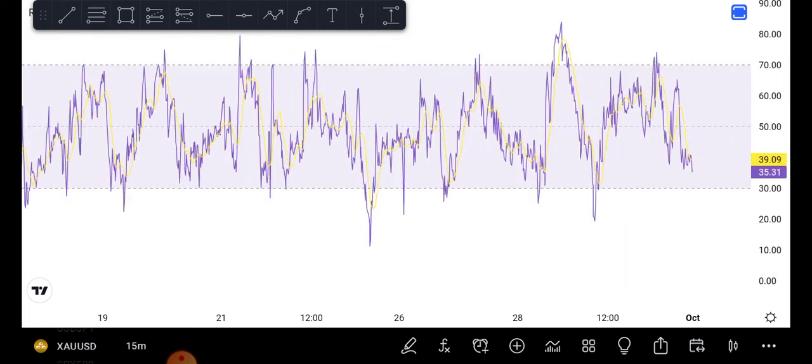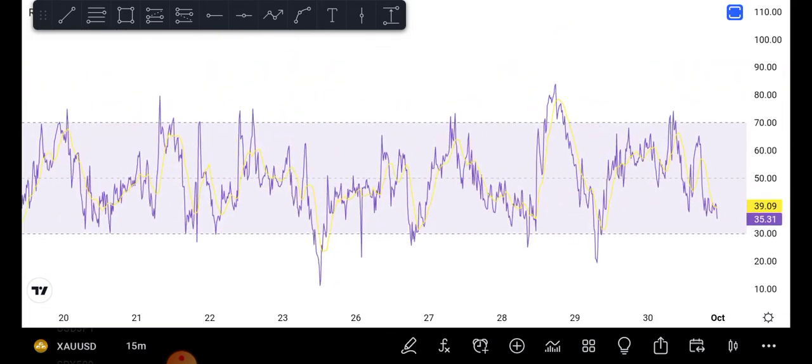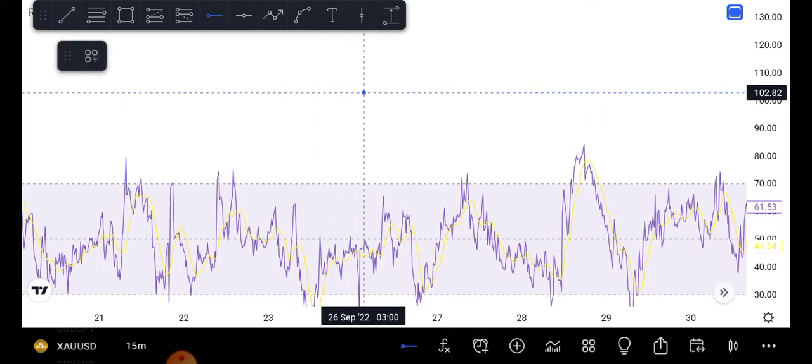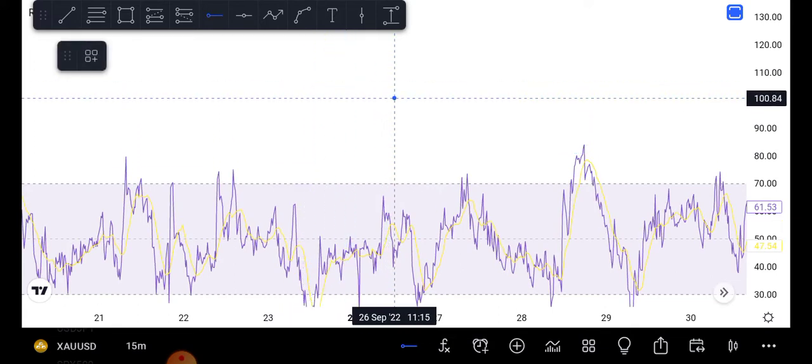I'll be needing a full screen. Okay, so the RSI is considered on a scale of 0 to 100, right?